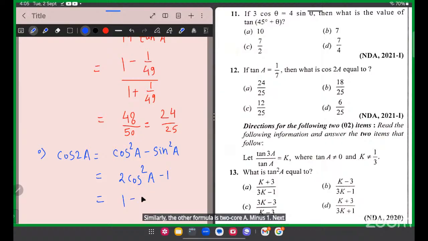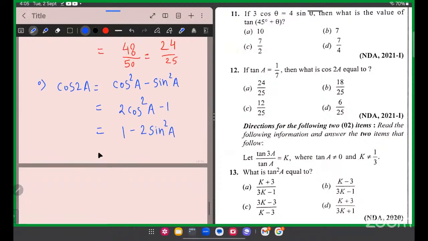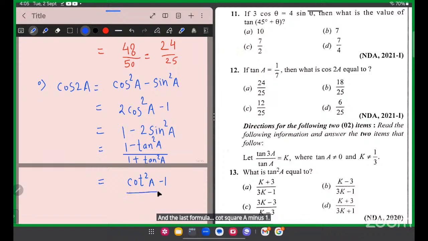Next one, 1 minus 2 sin square A. And then the fourth one, 1 minus tan square A divided by 1 plus tan square A. And the last formula, cot square A minus 1 divided by cot square A plus 1. So these are the 5 formulae that you need to remember. Please note it down. Every formula you need to write.